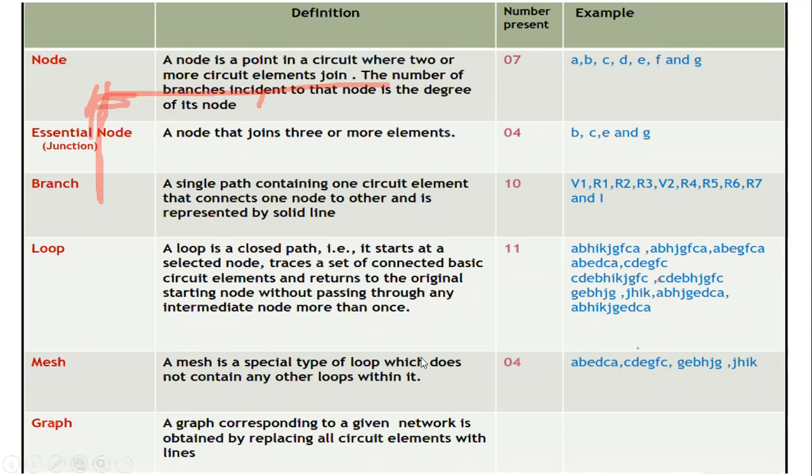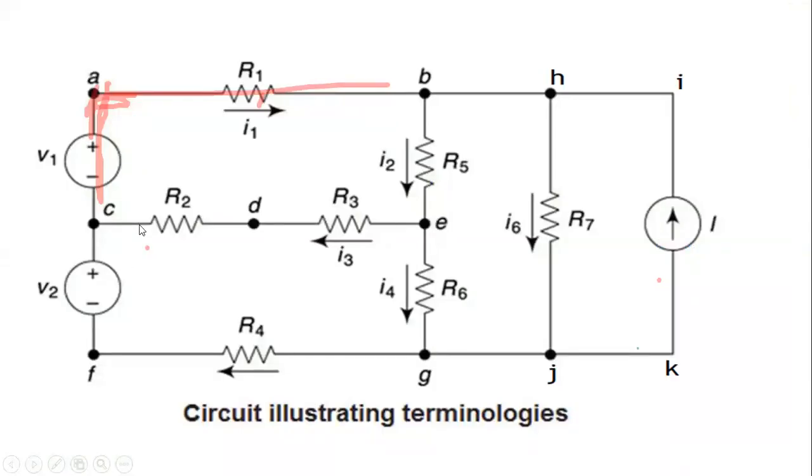But again, whenever we are studying graph theory, if two elements are connected, then this complete will be taken as one branch. Moreover, the same current will be flowing here. So this complete will be taken as one branch.